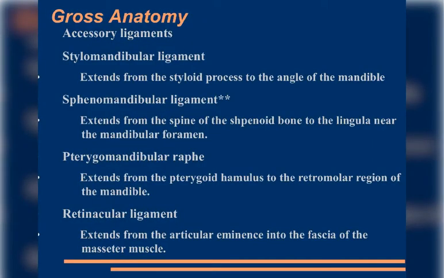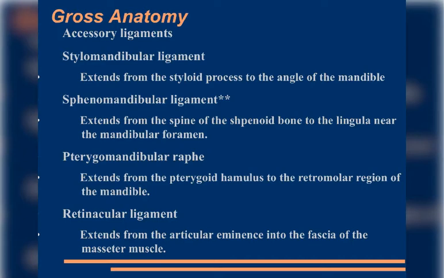Accessory ligaments include, as we mentioned, the stylomandibular and the sphenomandibular ligaments, and also two other ligaments. The other two are called the pterygomandibular raphe and the retinacular ligament.